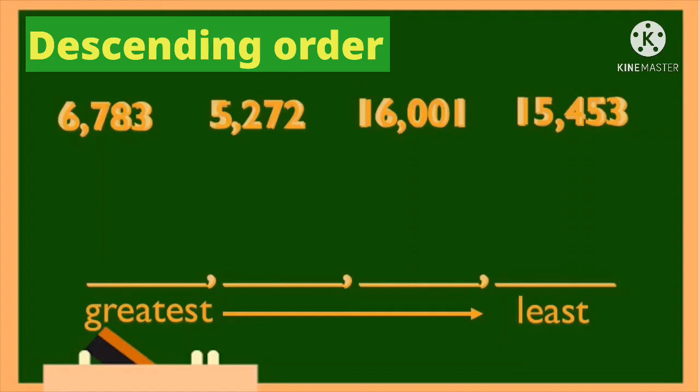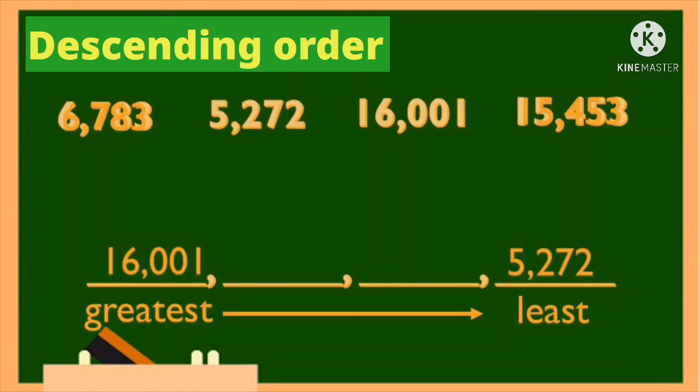So what will be our greatest number? Our greatest number is... Wow, very good. It's 16,001. How about the least number? It's not 6,000. Yes, it's 5,272.